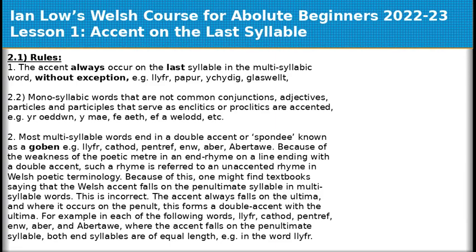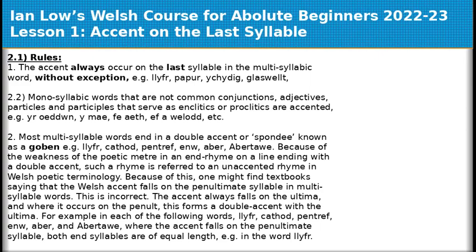So I think this is where the confusion lies, where we have linguists writing textbooks about the accent of the Welsh language, coming across the Welsh poetic tradition that says that the second accent or the second syllable in a goben is unaccented, and therefore making the assumption that in Welsh words the accent tends to fall on the penultimate accent.